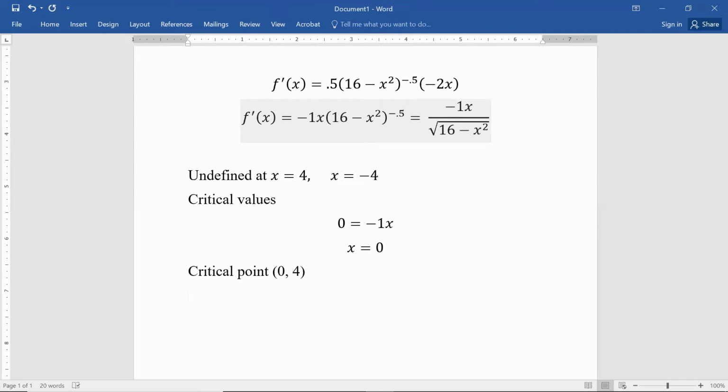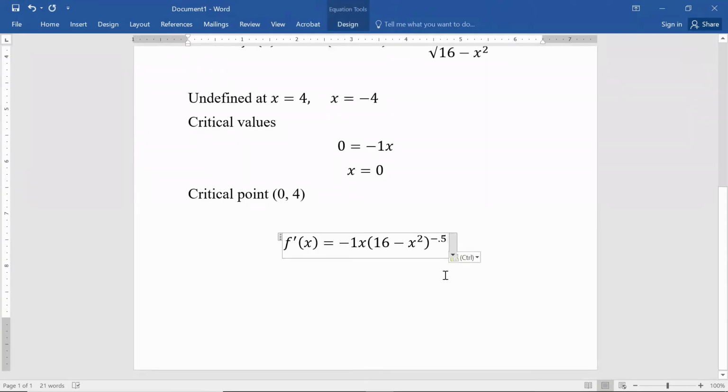Now let's take a look at the second derivative. We'll look at concavity and inflection points using the second derivative. In order to calculate the second derivative, I'm going to use this version of the first derivative. This version of the first derivative requires a product rule and a chain rule to calculate it.